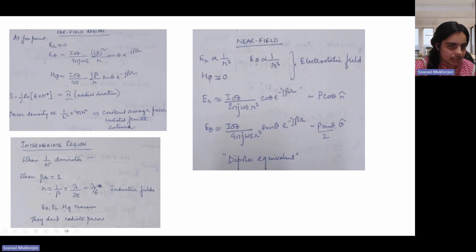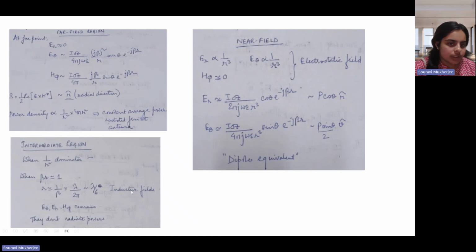And from here, you can see that r would be comparable to 1 by beta. And what is beta? Beta is actually the propagation constant, right? It's given as 2 pi by lambda. So that means your r would be approximately equal to lambda by 2 pi. And 2 pi is close to 6. So when r, that's the distance from the antenna, is approximately equal to lambda by 6, your 1 by r squared dominates, and it's more of an inductive field because here there is no radiation. It's not radiating power here.